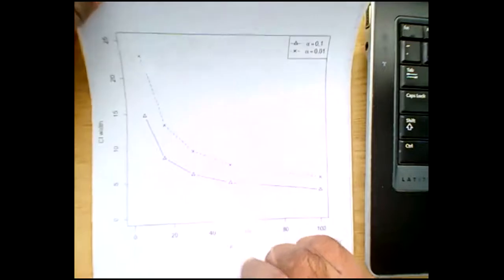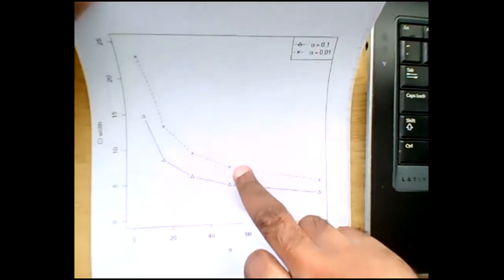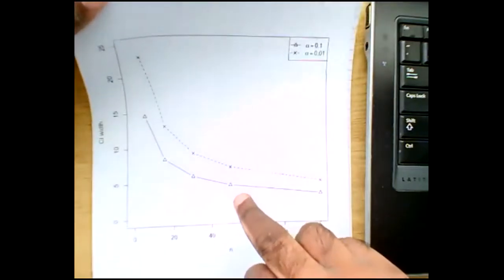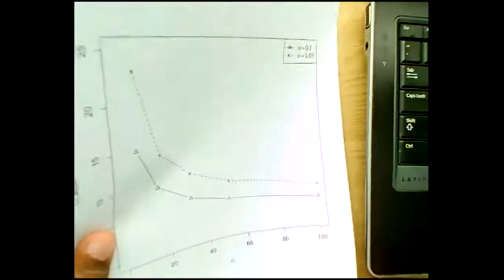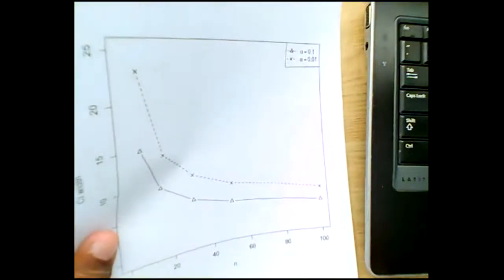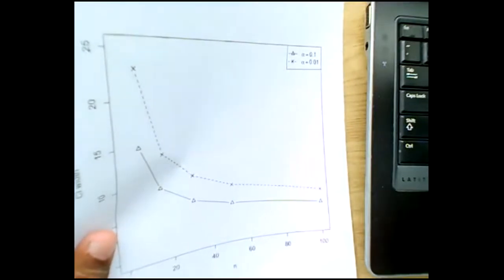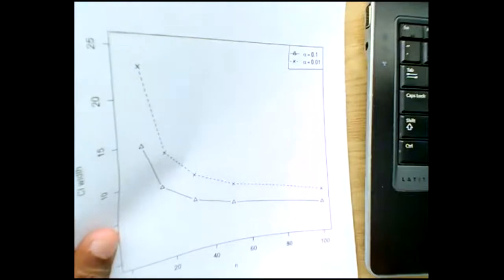There are two different curves. One of these curves is for alpha equal to 0.1, and the other curve is for alpha equal to 0.01. The main feature that you see is that the width decreases as n, the sample size, increases.